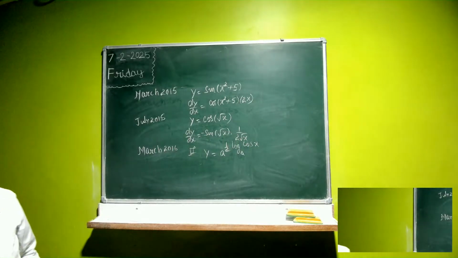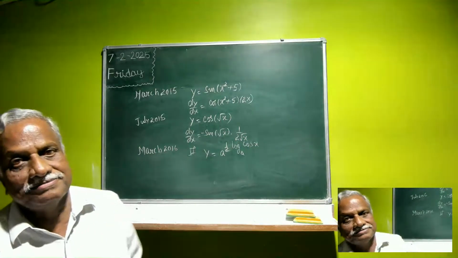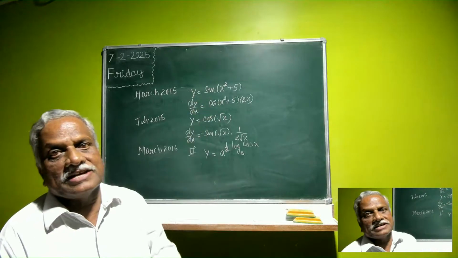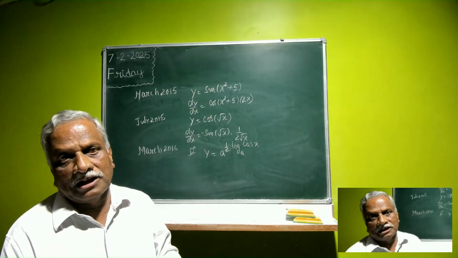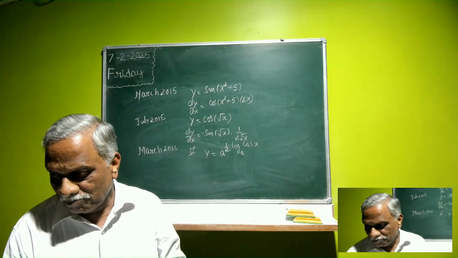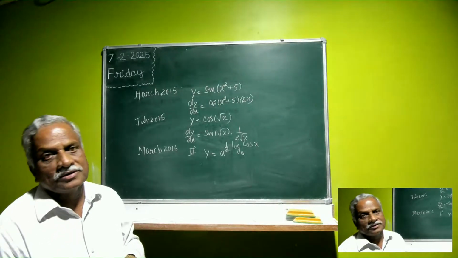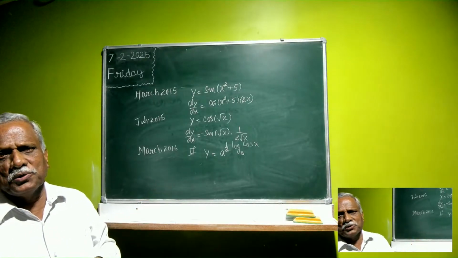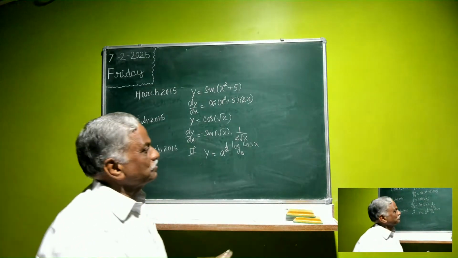This is one of the problems which is a little difficult. When you look at the previous years' problems, they are all very simple. But in this problem, you have got to use the laws of logarithms.